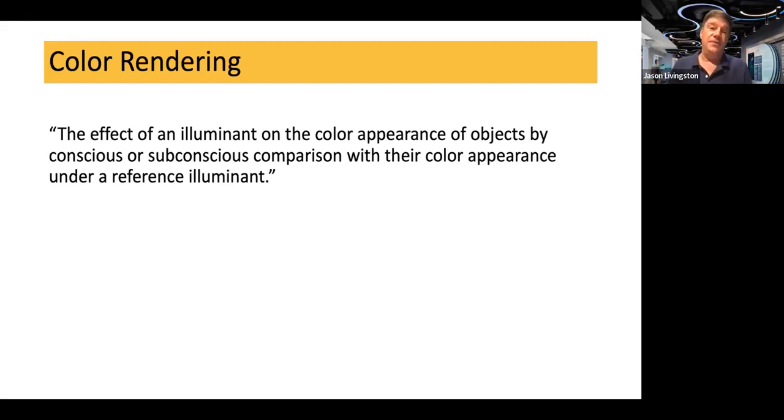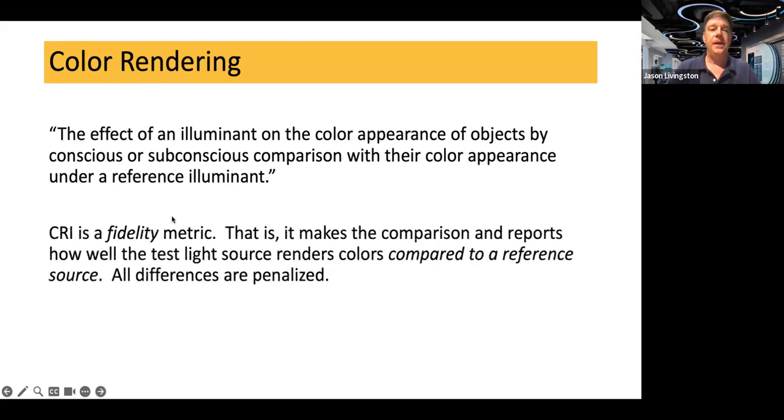So I think that most of you are familiar with the definition of color rendering, which is right here. The CIE and the IES hold the same definition. And when we apply this definition and we take a look at CRI, we would describe CRI as a fidelity metric, right? That is the comparison, which is up here.